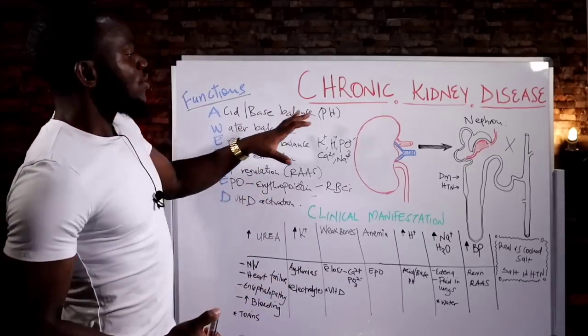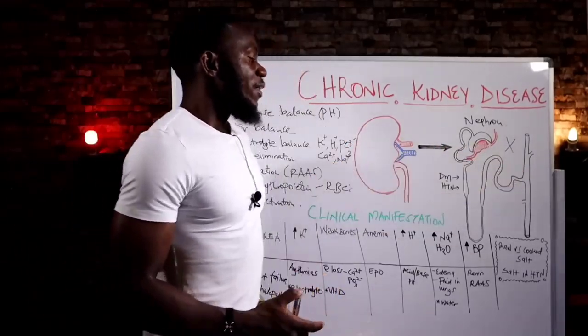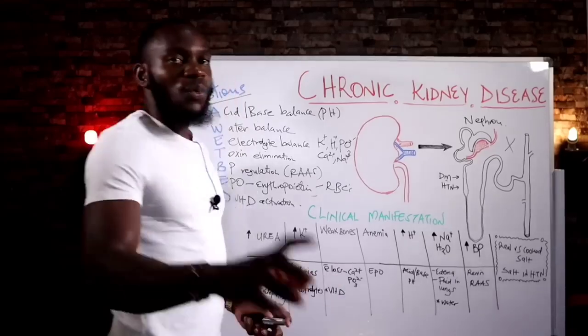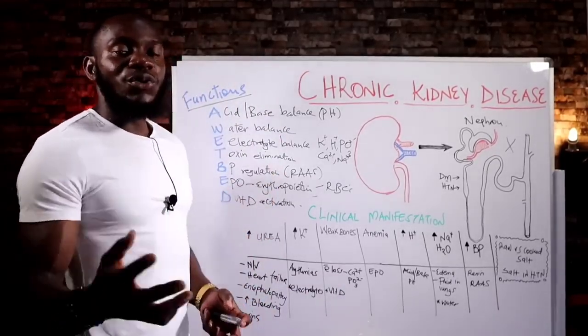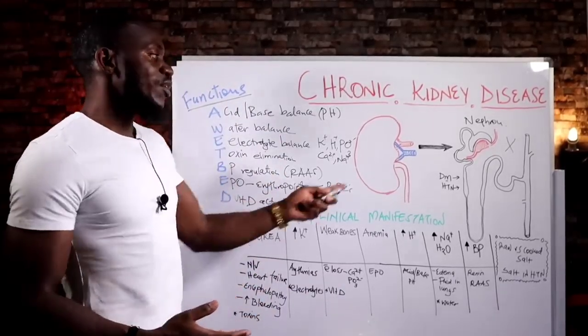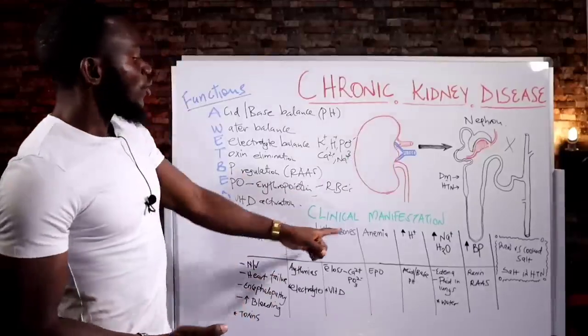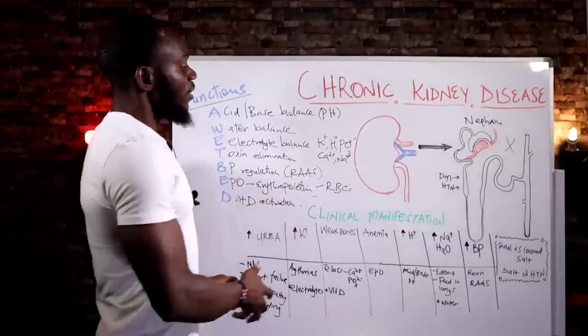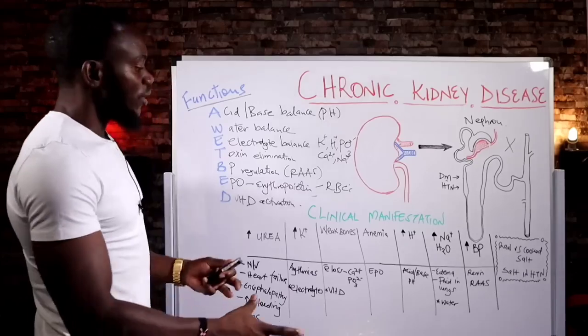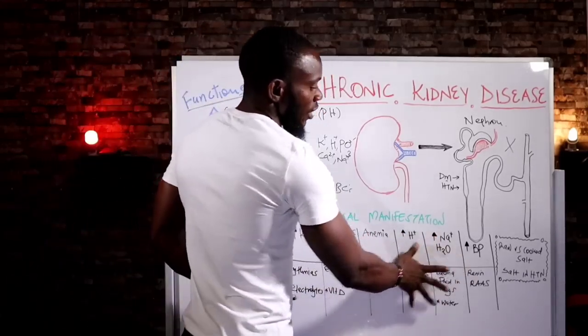Now, once you've messed up the nephrons and your kidney is failing, all these functions are altered. And how do you know you have a kidney problem? Clinical manifestation is basically the signs and symptoms. If you run tests on these people, you get to understand the chart that I've drawn down here.